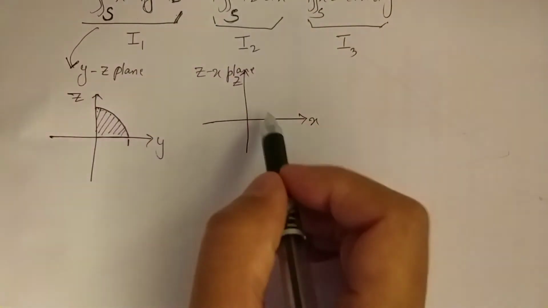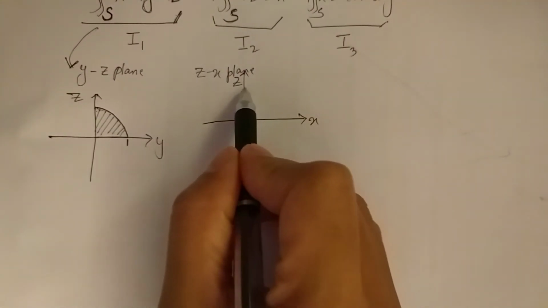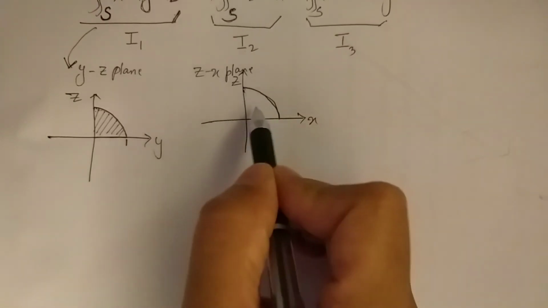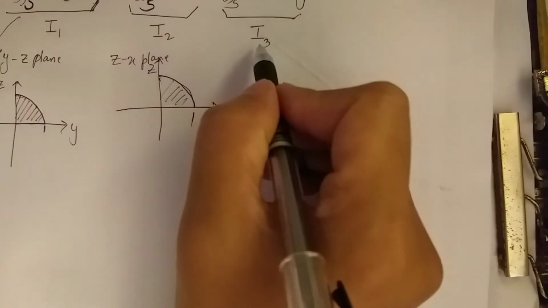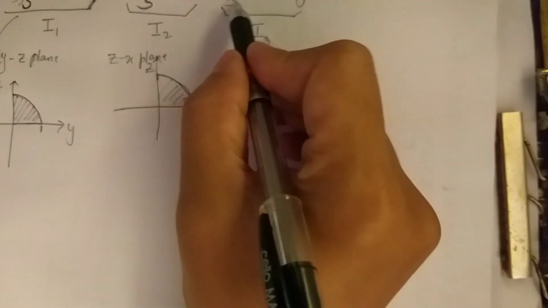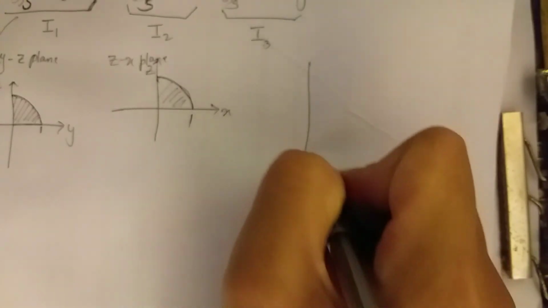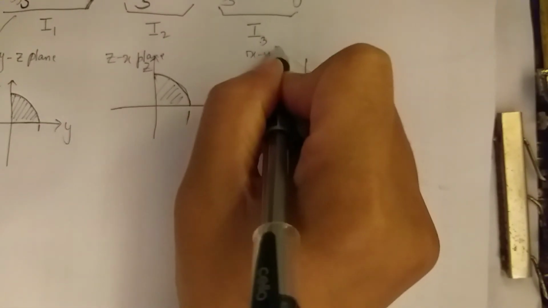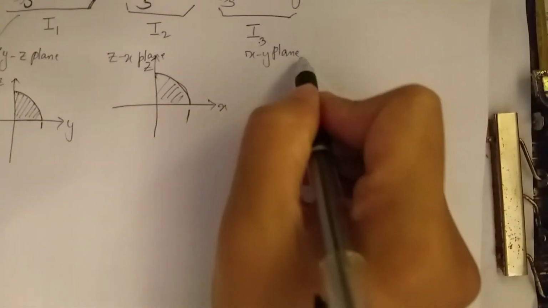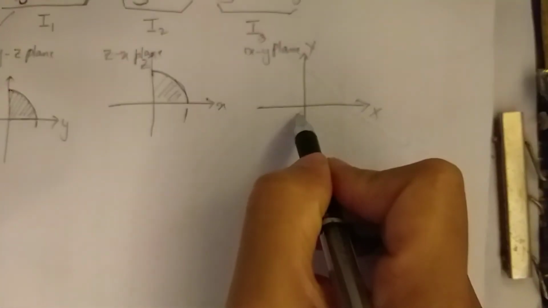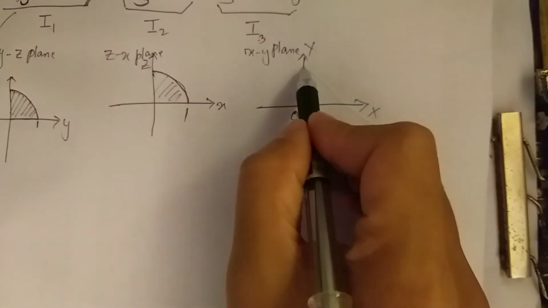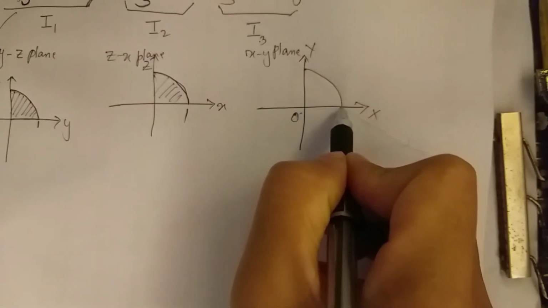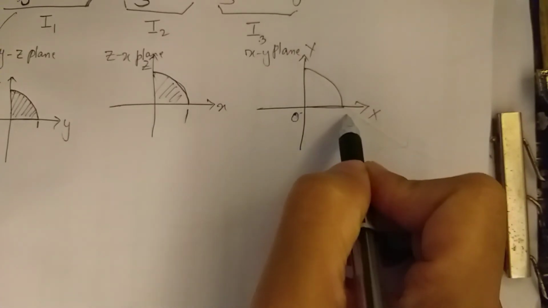If we project S on the xz plane, we get a quarter circle of radius 1. Similarly, if we evaluate I3, we have to project S on the xy plane. Suppose this is the x-axis, this is the y-axis, the origin O. Then we'll get a quarter circle of radius 1.